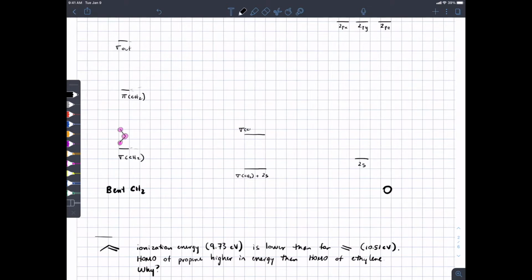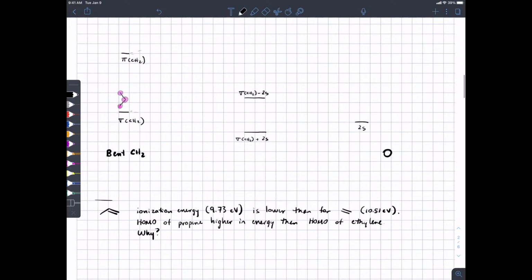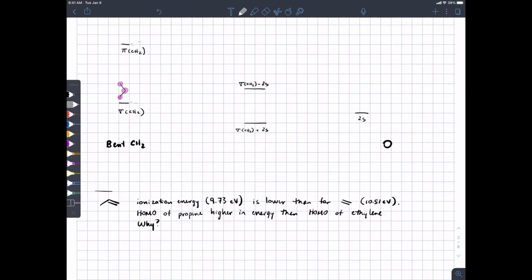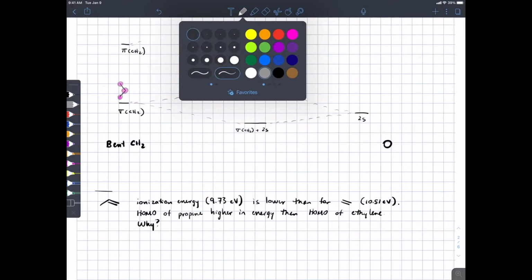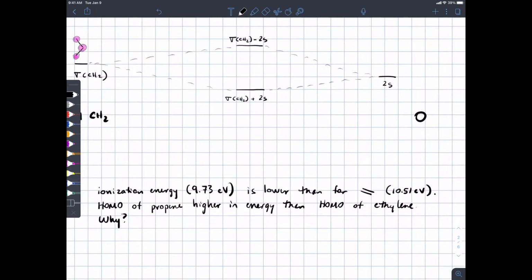This is a sigma CH2 minus 2s. If the 2s orbital is lower in energy than the sigma CH2 orbital, we would expect the new plus combination to be biased towards oxygen, more on oxygen than on carbon, and we would expect the minus combination to be more on carbon than on oxygen.